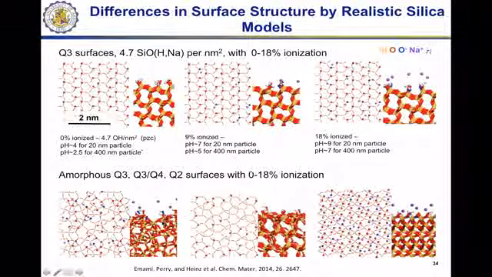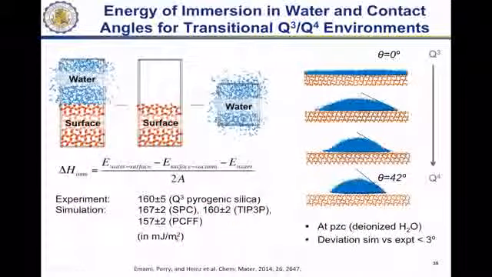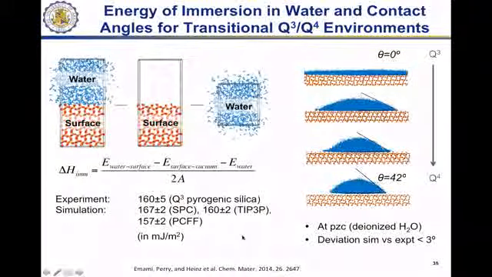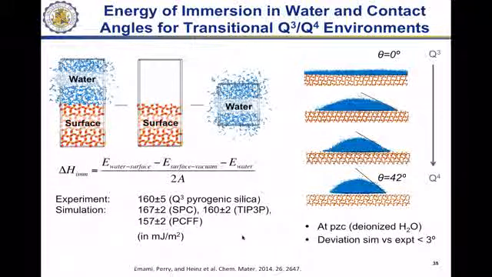So there's a whole database now available, and according to the type of silica that's of interest, we recommend choosing one of those surface models or making a customized surface model, and then accordingly set up the calculations along with the new force field parameters for silica that we have developed.